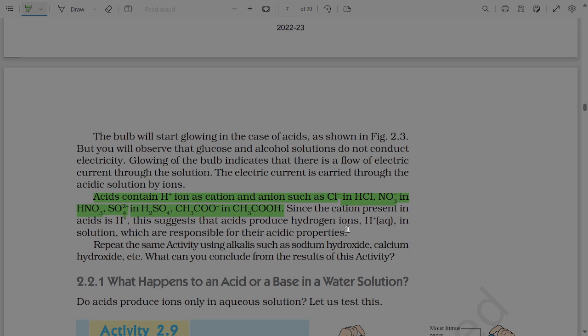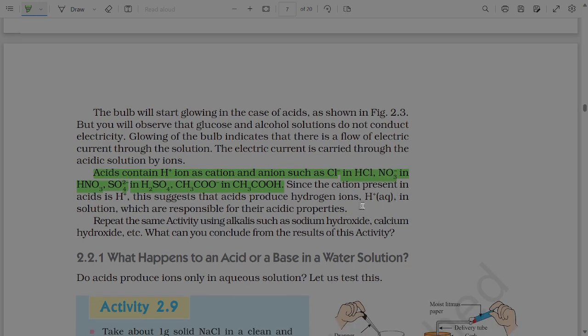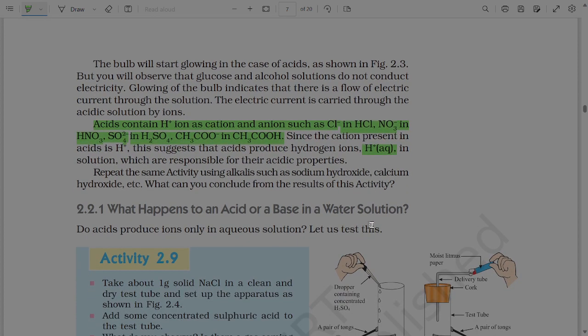Since the cation present in the acids is H plus, this suggests that acids produce hydrogen ion, or H plus aqueous, in solution, which are responsible for their acidic properties. So here we get that the acidic properties shown by the acids are due to the presence of H plus ion in it.